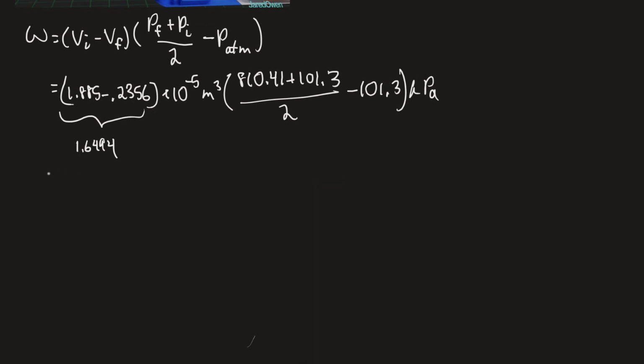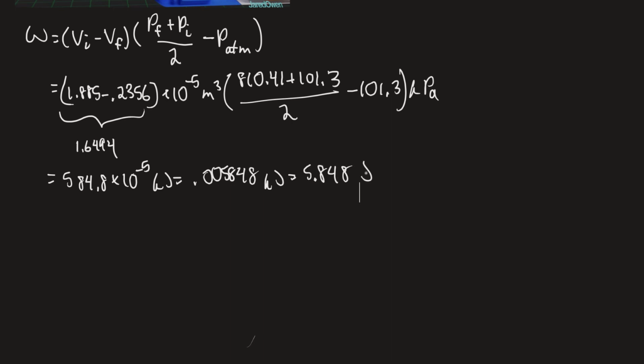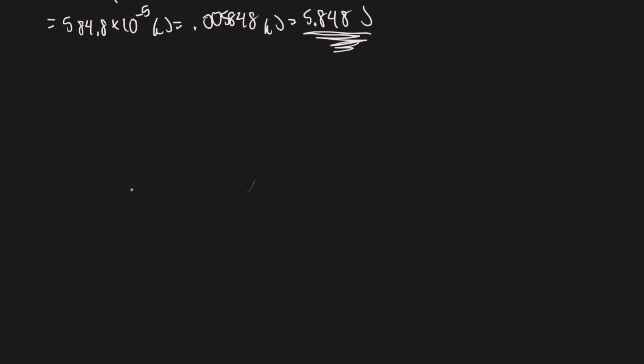So this is equal to 584.8 times 10 to the negative 5th kilojoules, which is equal to 0.005848 kilojoules, which is equal to 5.848 joules. So this is the actual work that the piston does, the useful work that the piston does to accelerate that bullet. Cool. Now we'll move on to the thermodynamic cycle.